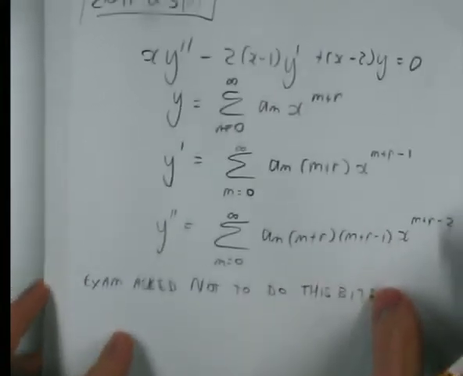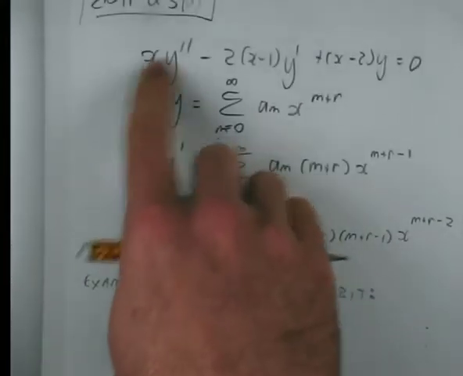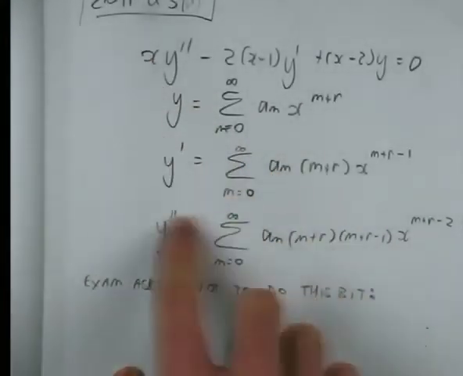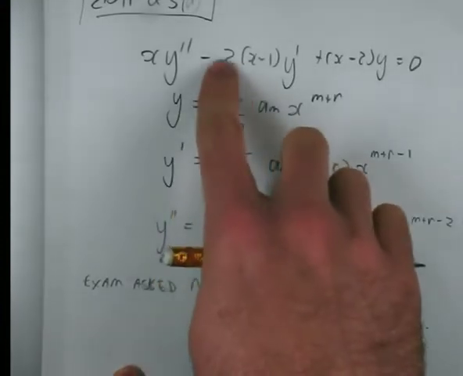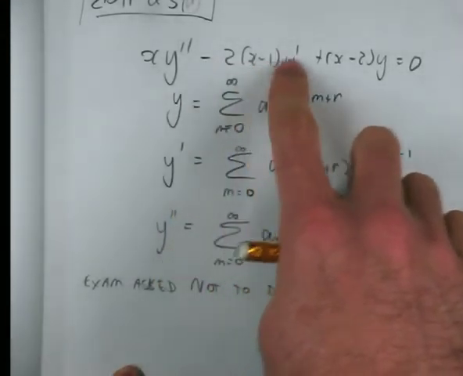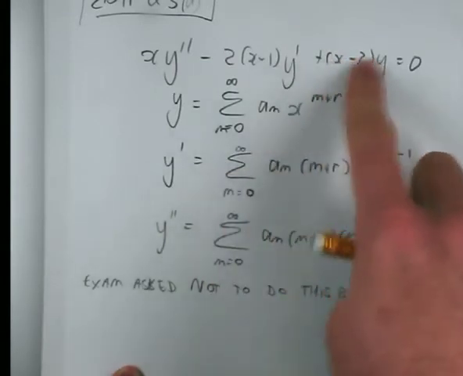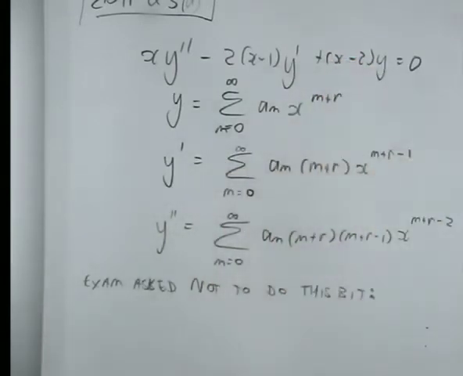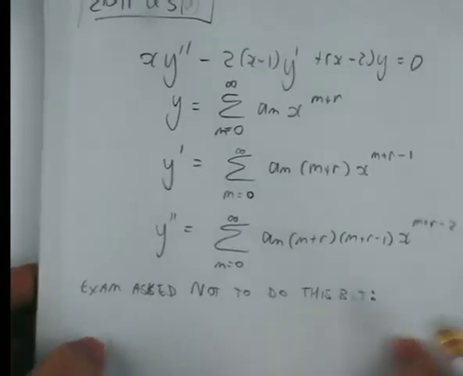So let's see. I've got x times y double dashed, and I've got minus 2x minus 1 times y dashed, and I've got x minus 2 times y. And all of those things have to add together to give 0. Personally, I find it easier to separately figure out what all of those things are before I add them together.